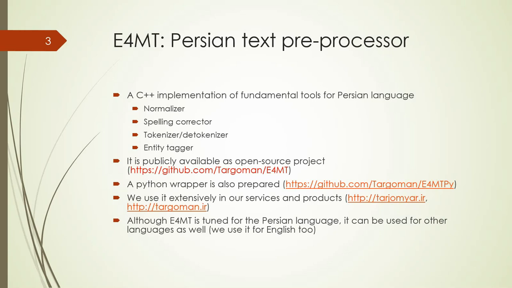We have to do preprocessing as fast as possible. It contains all essential required modules like normalizer, spelling corrector, tokenizer, detokenizer, and entity tagger. It is open source and GPL licensed.